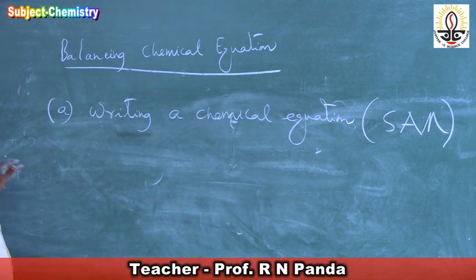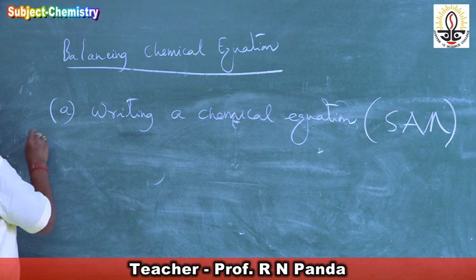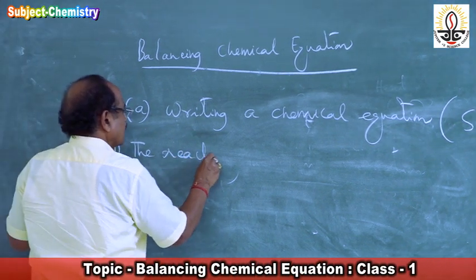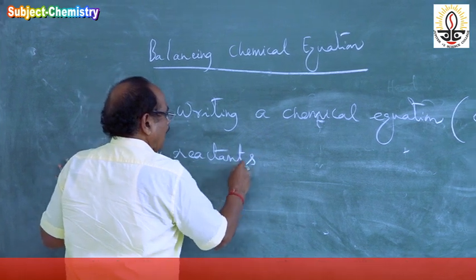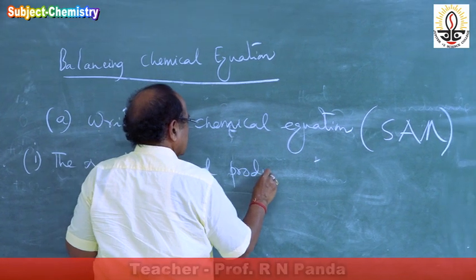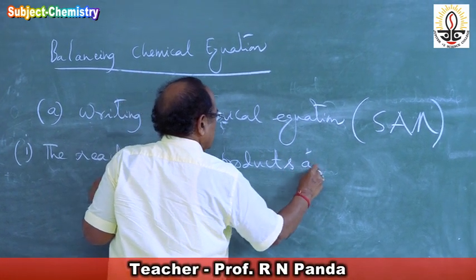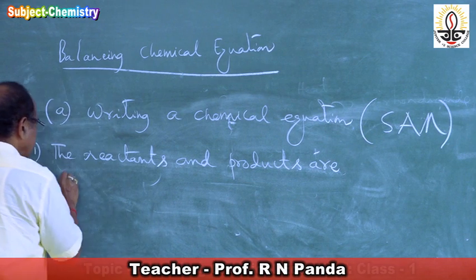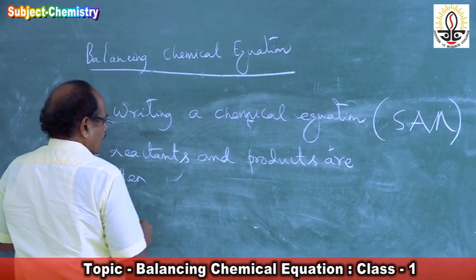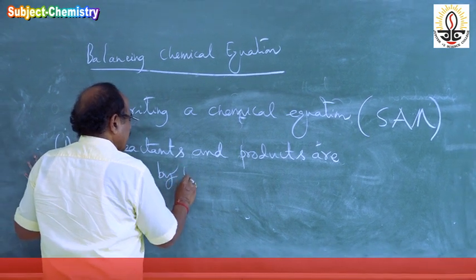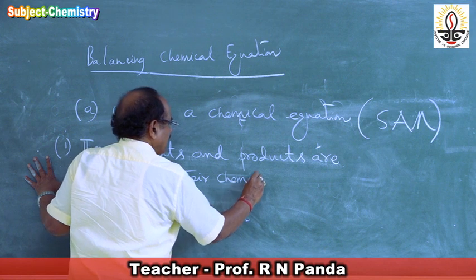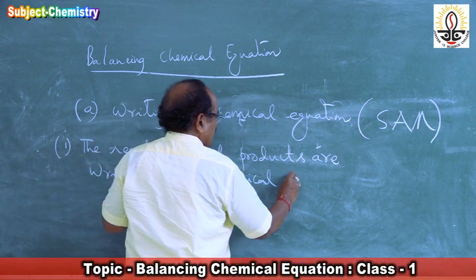What do we write first? The first point is that the reactants and products are written by their chemical formulae.